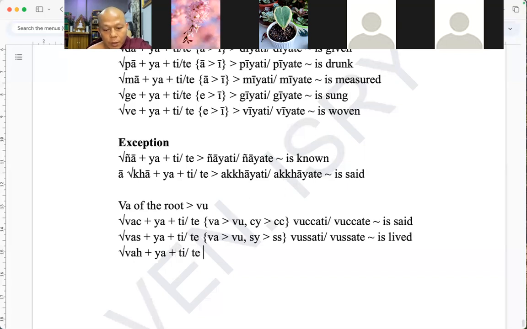So here also wa is changed to wu, and here ha and ya change their position, as ya ha.